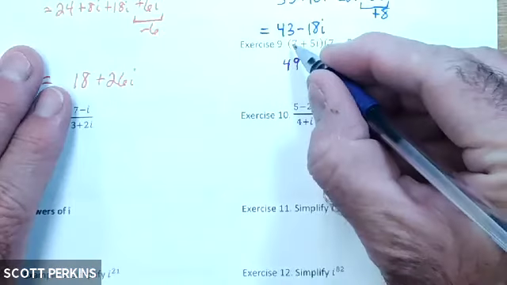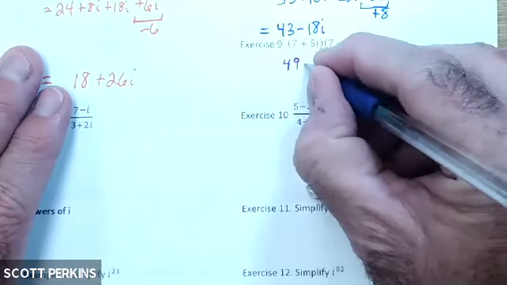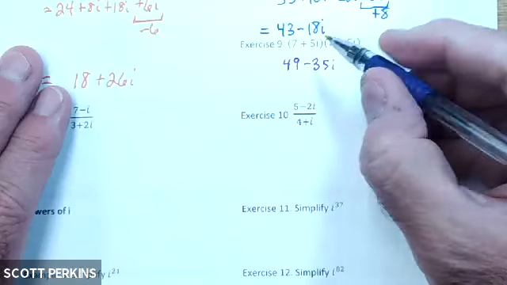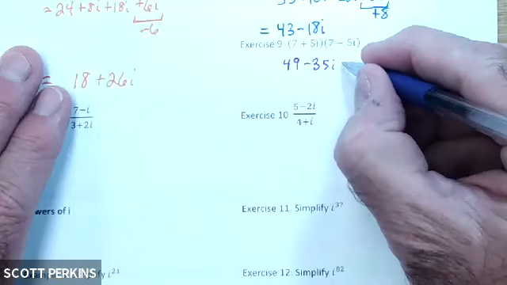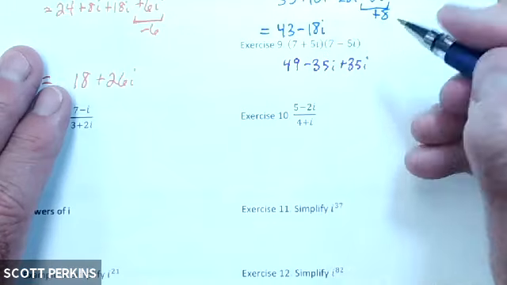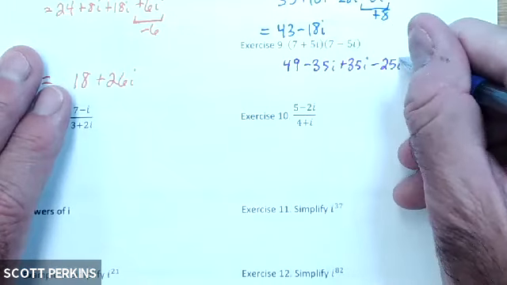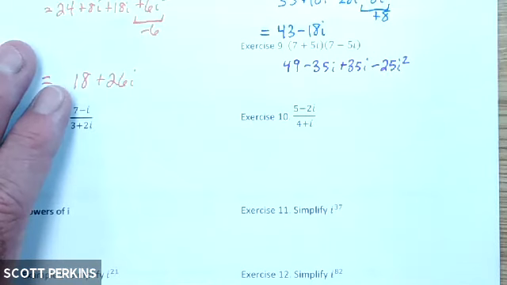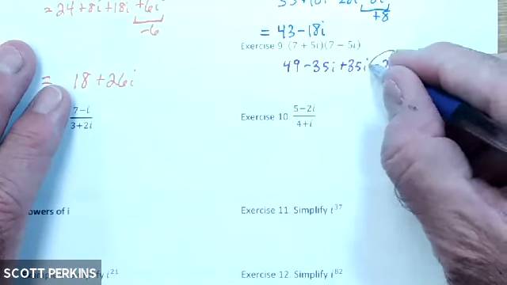My outers, the 7 times -5i is -35i. My inners, the 5i times 7 is +35i. And then my lasts, 5i times -5i is -25i squared.